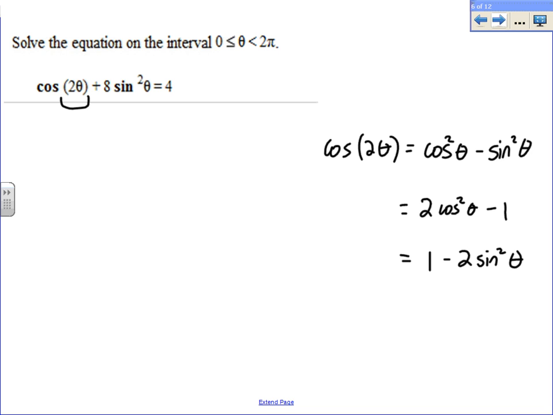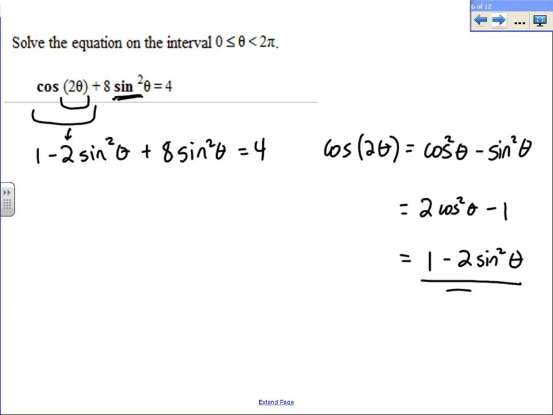So let's think about what's going to benefit me the most here. Let's note what I've got here. I've got sines, and so I want everything to be sine. So I'm going to change that cosine of 2 theta into this one because it's in the form of sine. So now I'm going to substitute 1 minus 2 sine squared theta in place of cosine 2 theta. So I just made a substitution there, and now I've got plus 8 sine squared theta equals 4.